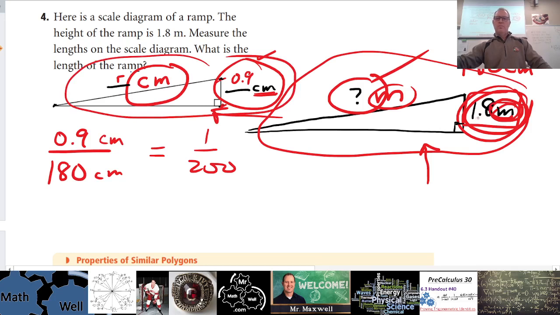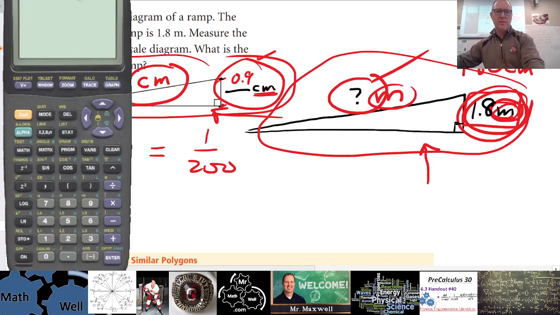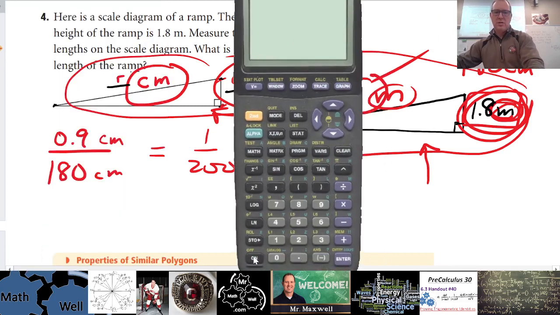So 180 centimeters times 1 over 200 should be 0.9. Is that right? Let's check my mental math here. Actually, let's just see. On the calculator, 0.9 divided by 180 is 0.005, which should be 1 over 200. Okay, so that's the scale factor.